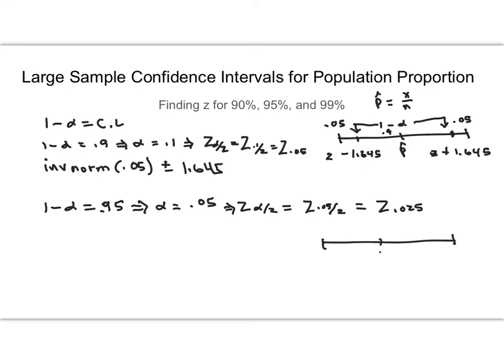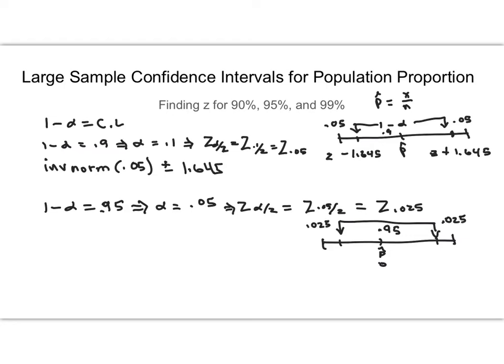So our point estimate goes in the middle. 0.95 would be the range in the middle, and on each end we would have 0.025.